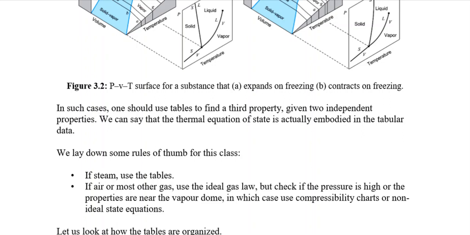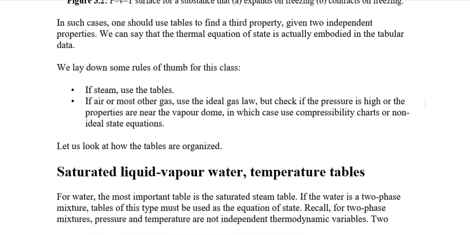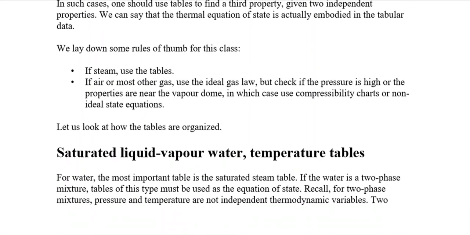And yes, if you remember, two independent intensive properties are needed to define the state of the system. So we can say the thermal equations of state are actually embodied in tabular form. Let's lay down some general thumb rules for our class or later classes. If we are talking about steam, we would be using the property tables.